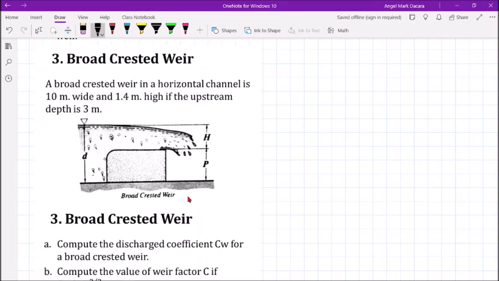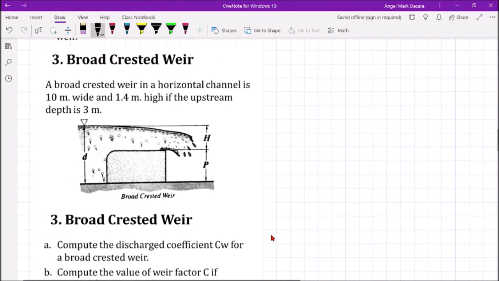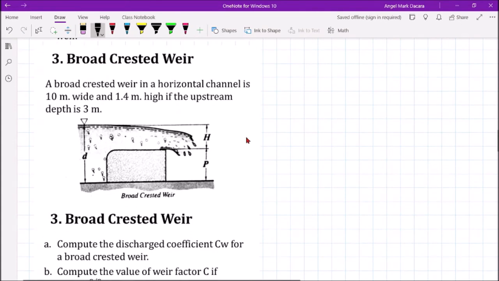So if the upstream depth is 3 meters, and okay, binigay ulit yung upstream depth. Compute the discharge coefficient for C sub W. So that's easy. Katulad nung sunod natin kanina. The weir factor and the discharge. Ang dali lang din. Parang ganun lang din. So let's just solve. Patulan na natin tong problem na to.